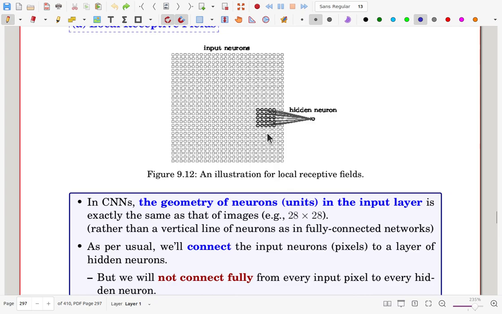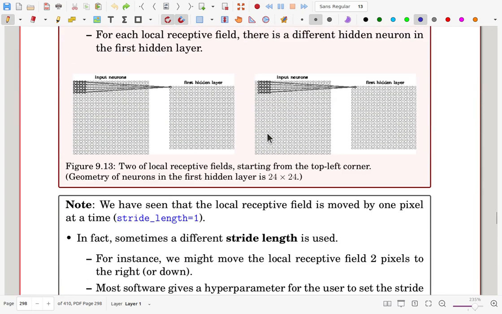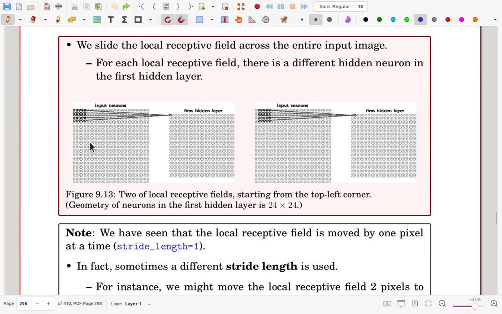And we use this idea in this way. For the choice of a 5 by 5 local receptive field, we choose this field and connect it to the first hidden neuron, and by moving one pixel to the right, we connect the field to the next neuron in the first hidden layer, and moving one more.